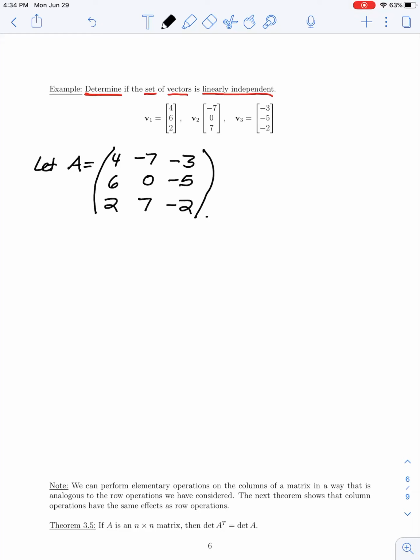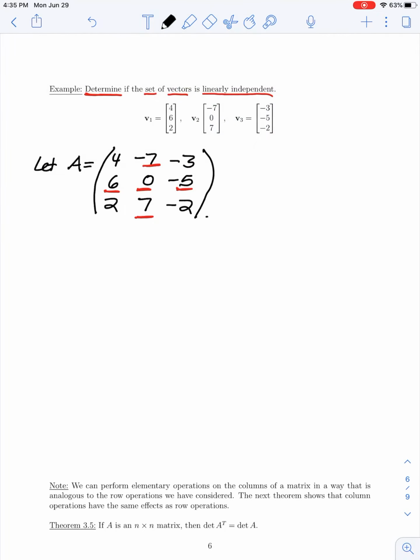I might interchange, say, my first and third row, and then use the resulting 2 to eliminate the 4 and 6 terms. But rather than making use of that row reduction, I also see that if I were to use a cofactor expansion along the second row or the second column, it only involves 2 non-zero terms.